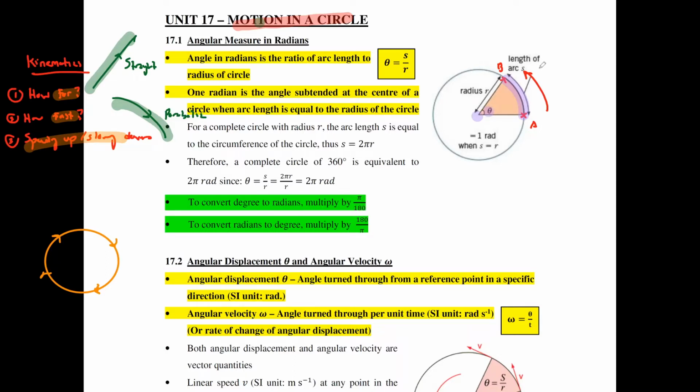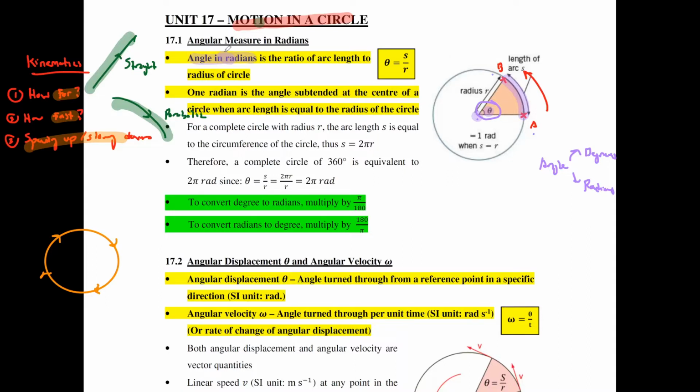This angle that your object has made when it moves from point A to point B, you learn that it can be measured in terms of degrees or radians. There are two different units for angle. Specifically in motion in a circle, when something moves and covers a certain angle, we are normally interested to know the angle covered in terms of radians.